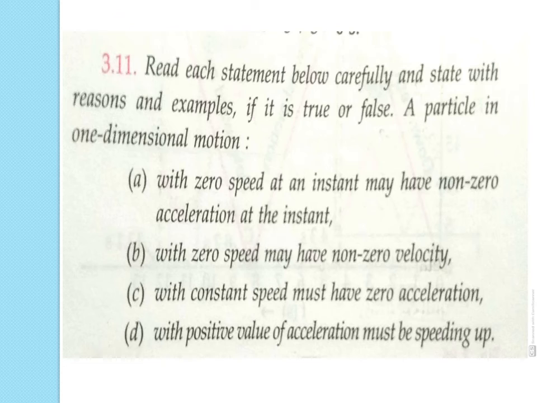But one case is there, and that is when any object is thrown in the upward direction. In that situation, the acceleration is negative and the object is speeding down.